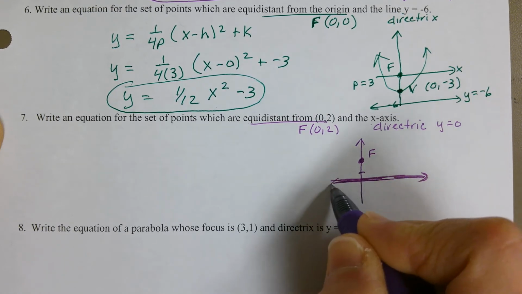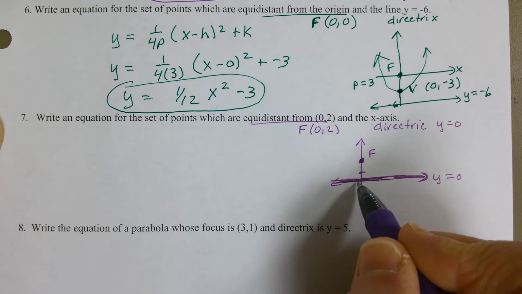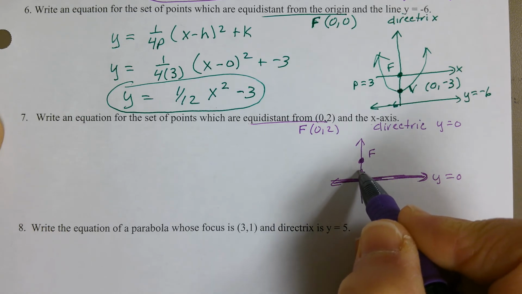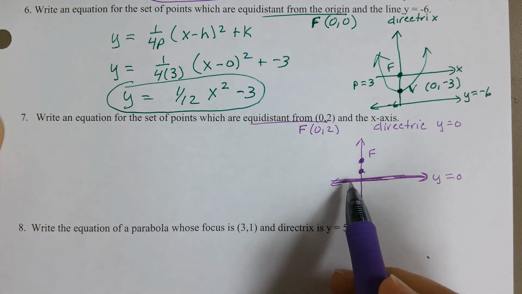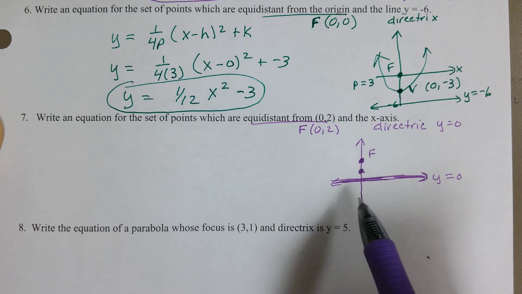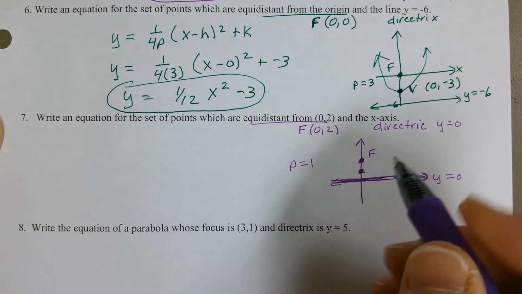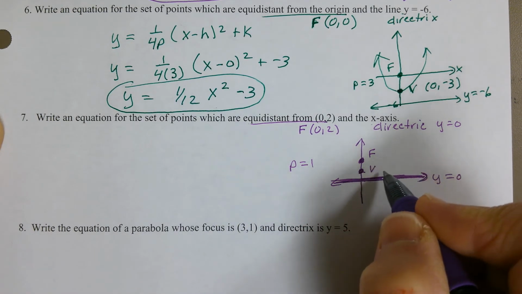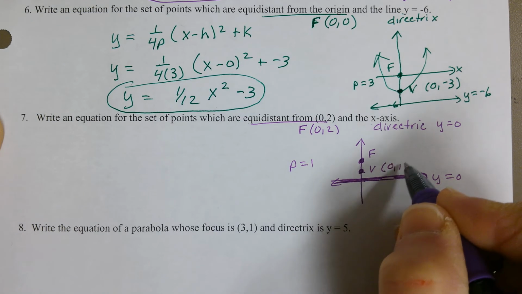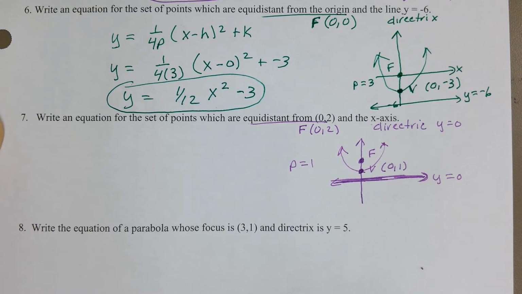Directrix is the x-axis. The distance from the directrix to focus is 2. Divide that by 2. P equals 1. And our vertex is 0, 1. And our parabola opens upward.